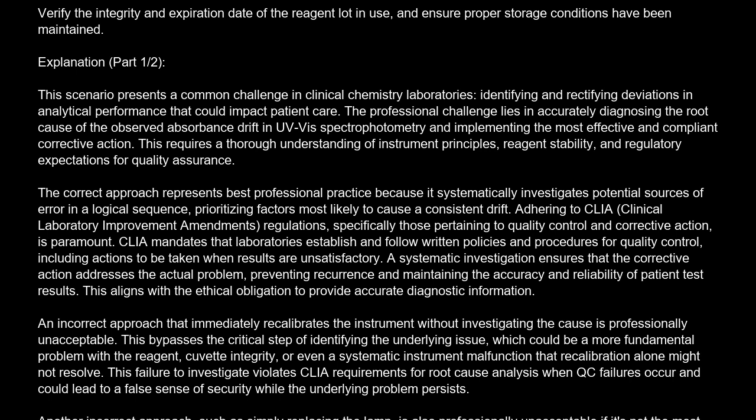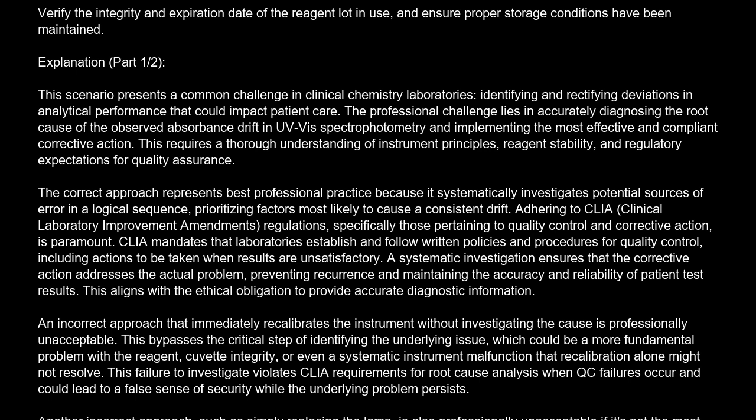CLIA mandates that laboratories establish and follow written policies and procedures for quality control, including actions to be taken when results are unsatisfactory. A systematic investigation ensures that the corrective action addresses the actual problem, preventing recurrence and maintaining the accuracy and reliability of patient test results. This aligns with the ethical obligation to provide accurate diagnostic information.